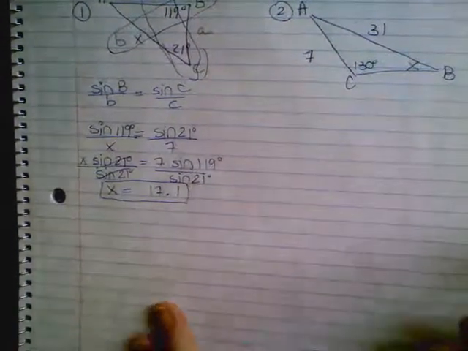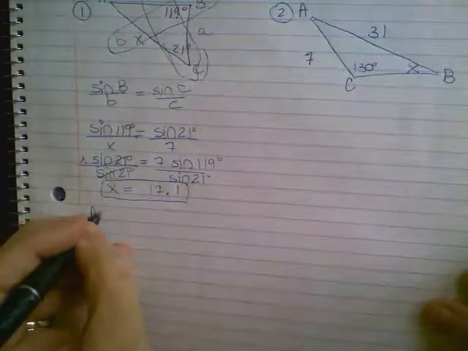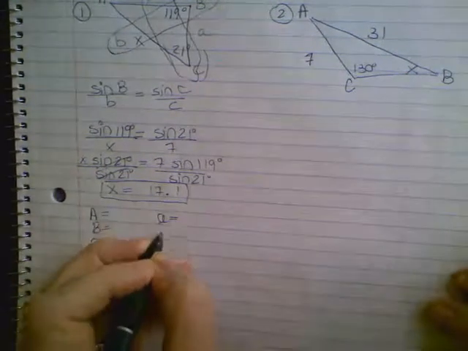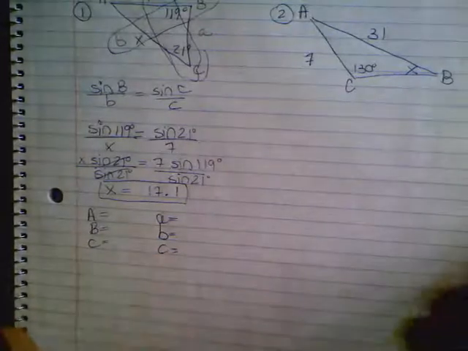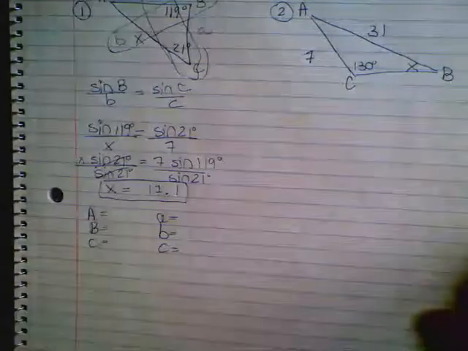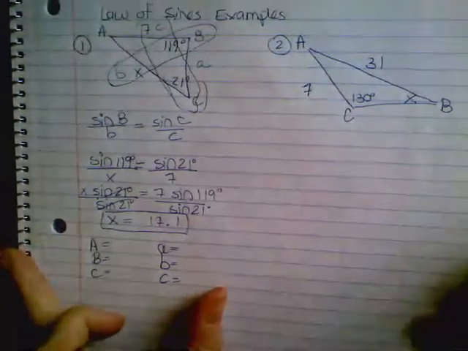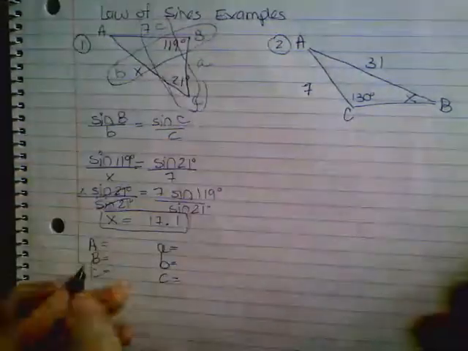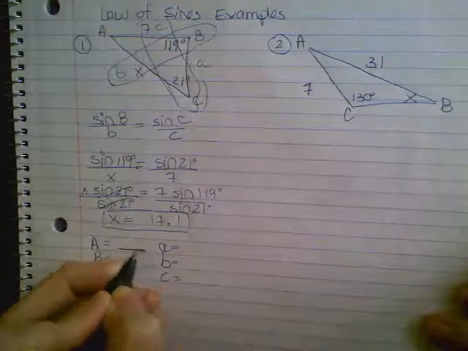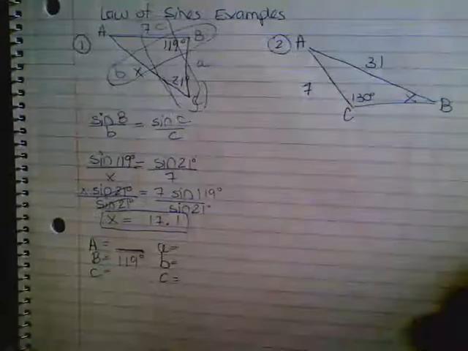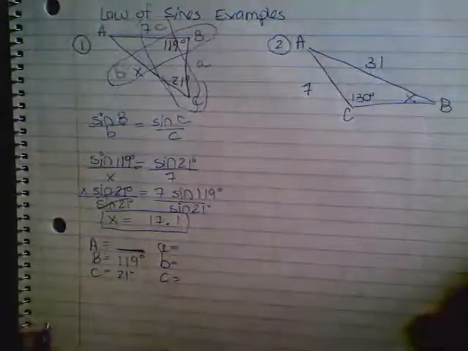If you had been asked to solve the triangle, you would have wanted to make sure that everything was filled in our table. So there's no difference. It's just, am I done with solving for one, or do I need to solve for more? So angle A, I don't know. I've got to solve for that. Angle B was given to me as 119 degrees. Angle C was given to me as 21.